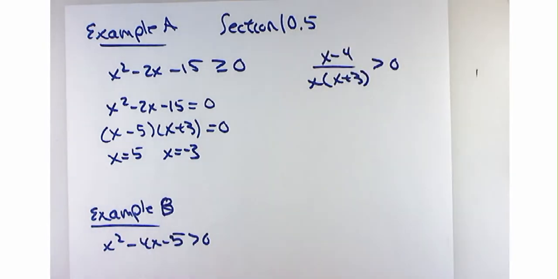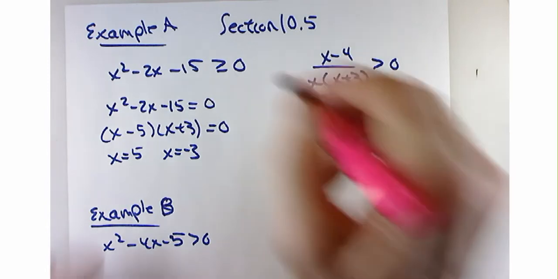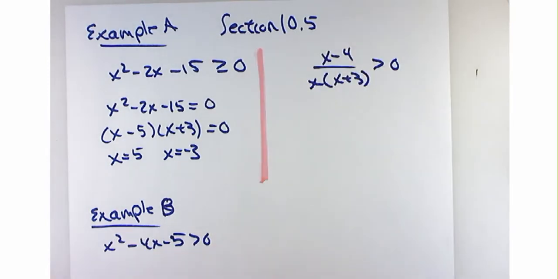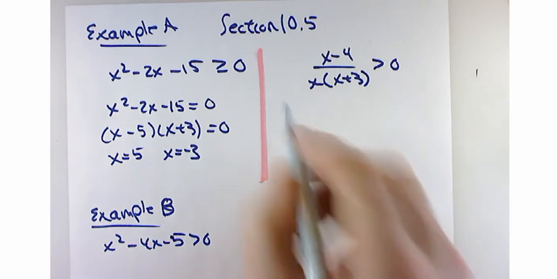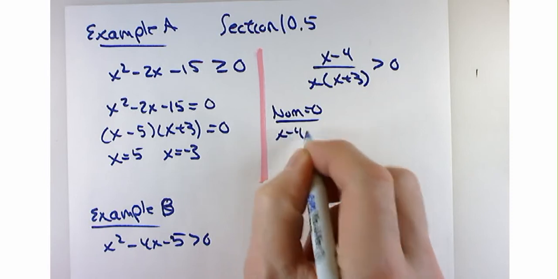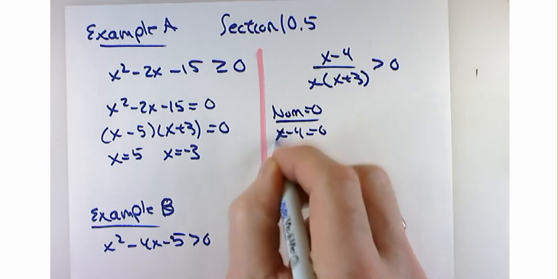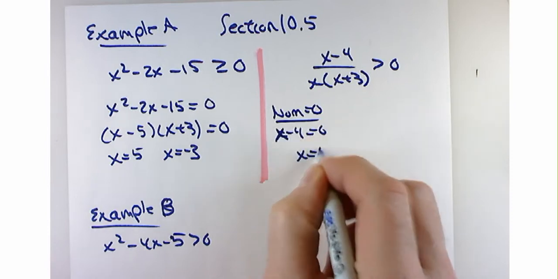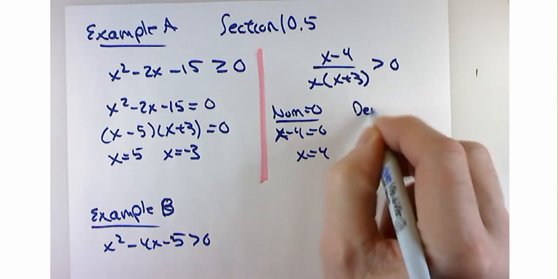On the flip side of this, if you have a rational inequality, you want to find two things. We want to find where the numerator equals 0. So that's where x minus 4 equals 0. Basically, x equals 4. And where the denominator equals 0.